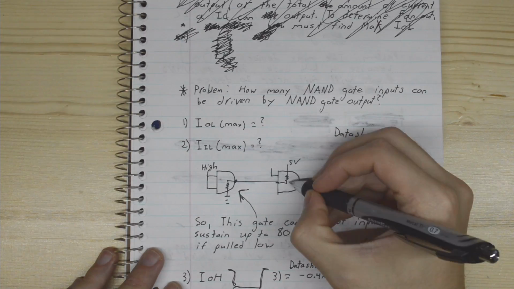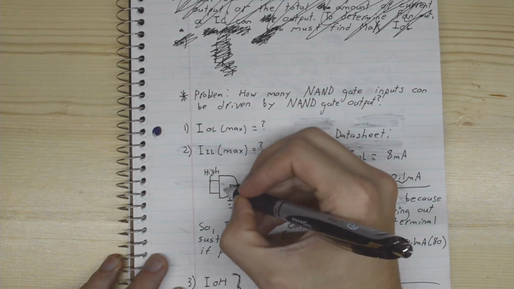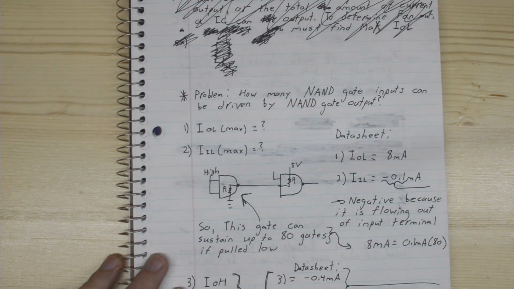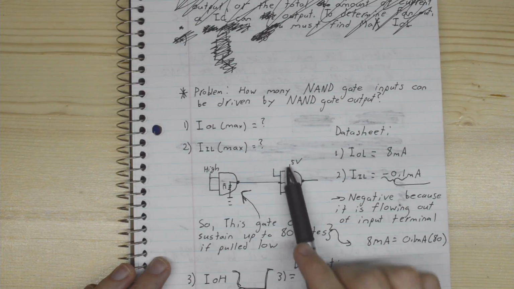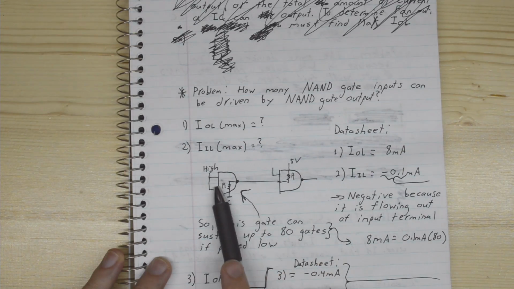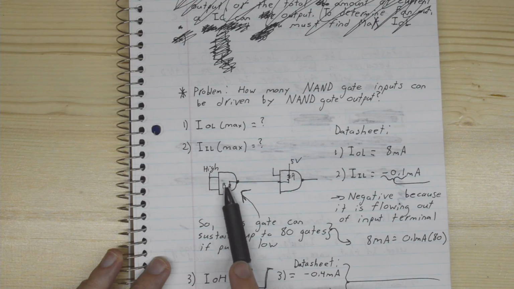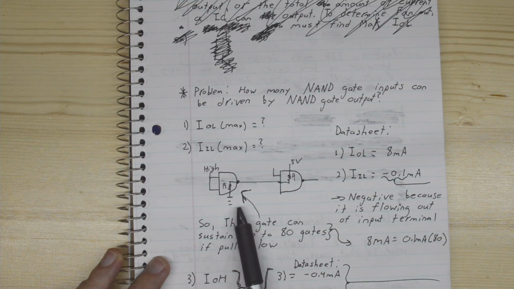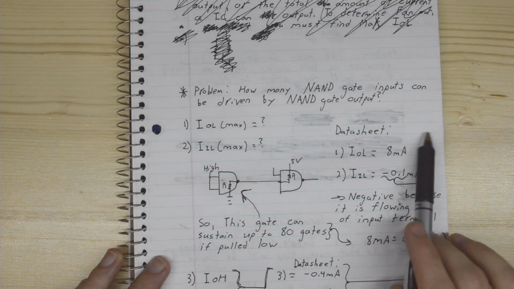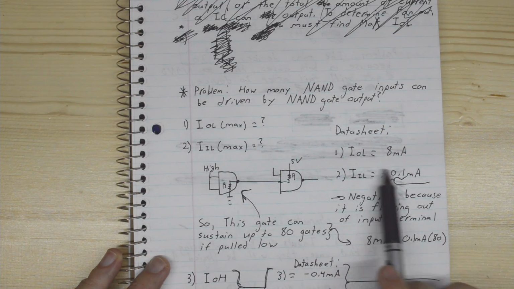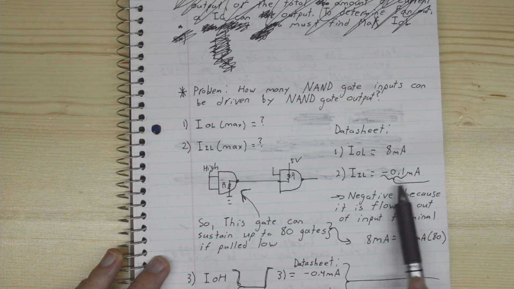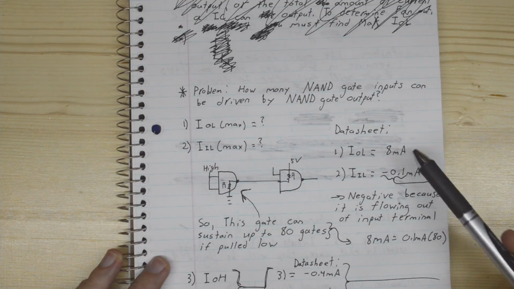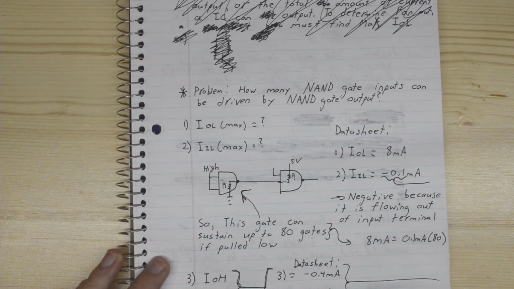Sure, this is R, this is R. And going through the resistor to the output, through the output of the first gate and straight to ground. So if we take the low output current, this 8 milliamps, we find how many times we can fit this into this. Basically, we take this and divide it by this.